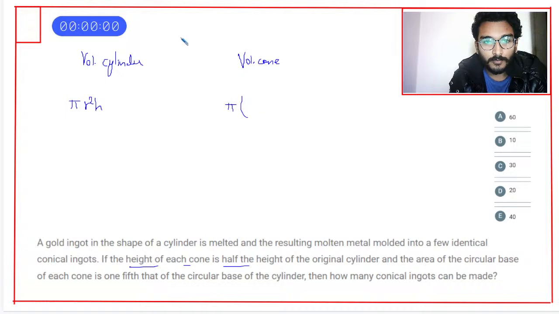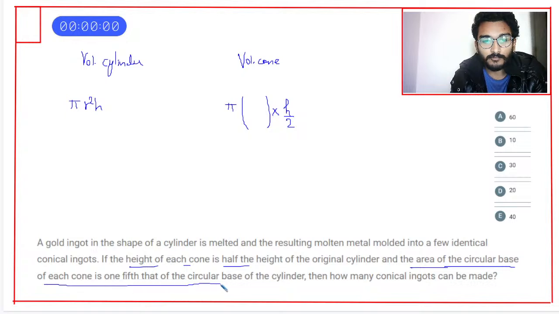I don't know about the radius. I know that the height is getting half. Now there is a relation between the radius, which is that the area of the circular base of the cone is 1/5 of the area of the circular base of the cylinder. So let's suppose the radius of the cylinder is R, and for the cone, it is small r.